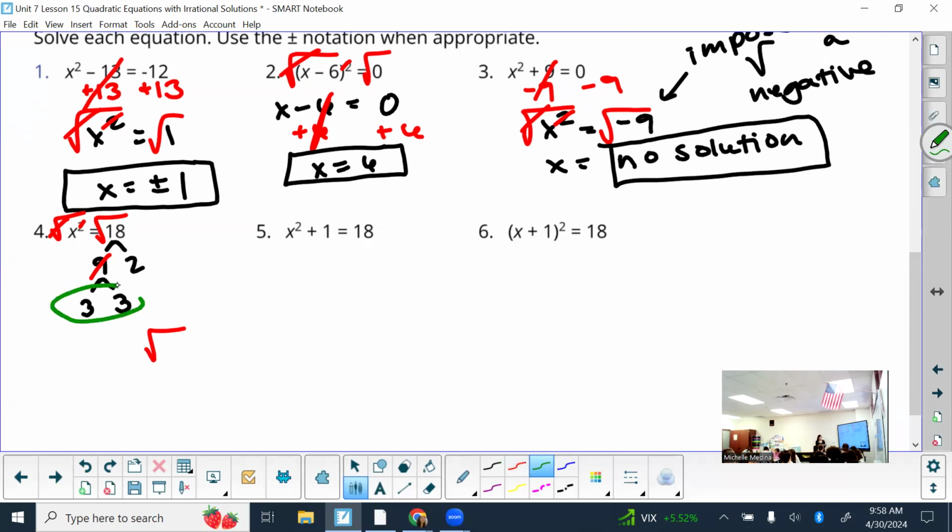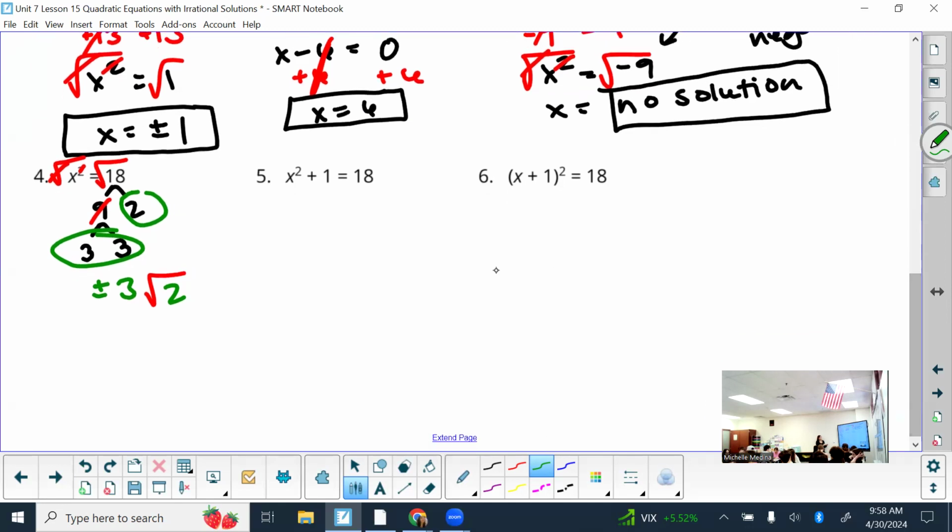So we have 1 pair of 3, right? 1 per pair. And what goes on the inside? And also, because like I said, there's plus or minus every time you square root, we do want the plus or minus symbol in front of the number on the outside, if there's any. And that's what x equals.